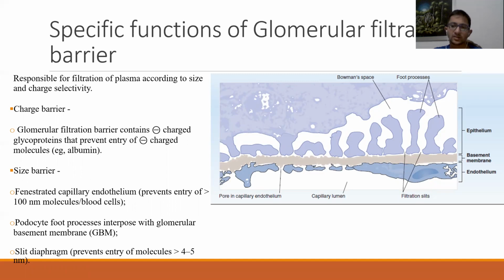It's definitely too large to pass through, because if at any point you see a red blood cell in urine, it means hematuria, and that means that the glomerulus has been damaged, the filtration barrier has been damaged, and that means there's nephron damage, some inflammation, and that'll be covered in the pathology lecture.